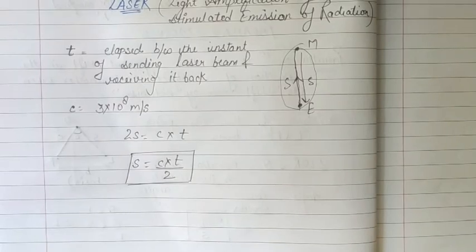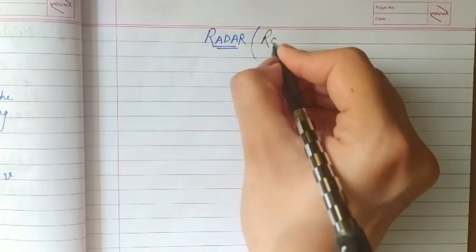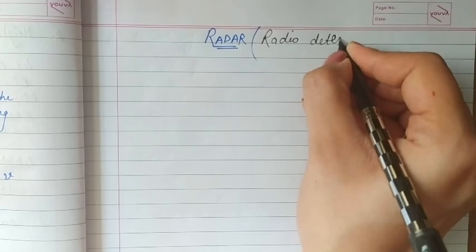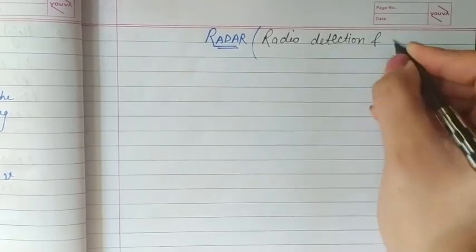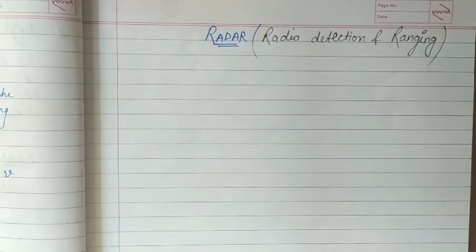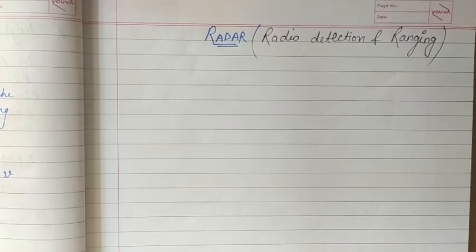Okay, the same thing is for radar method. The only difference is that there we are using radio waves. Okay, let's see what is the radar. Radar stands for radio detection and ranging, and it can be used to measure accurately the distance of nearby planets.